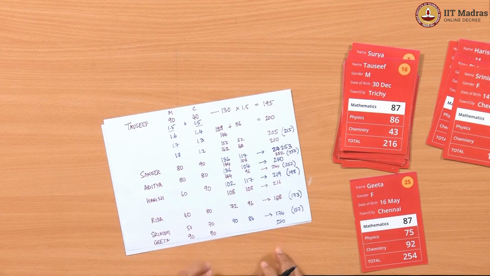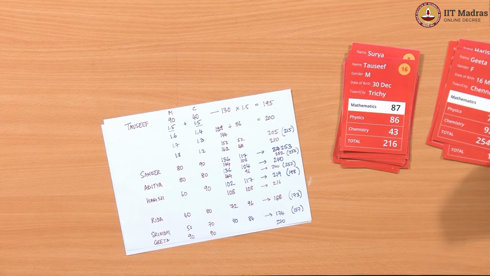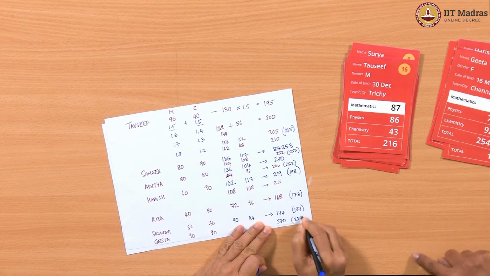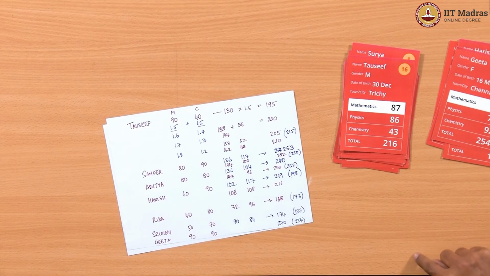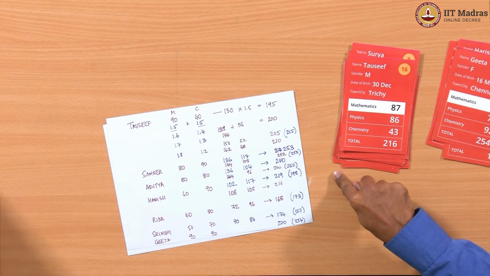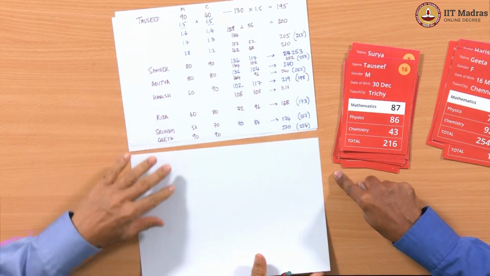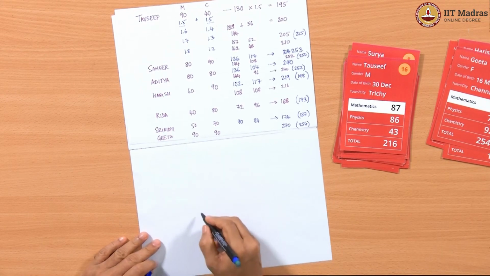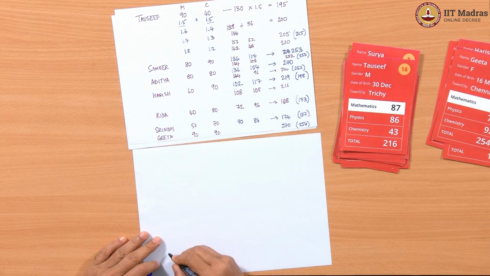So what are we doing? X is basically the chemistry mark, let us say, and Y is the maths mark. It's a 10 by 10 grid, something like that. It's more like a three-dimensional picture, so we have to draw it carefully.